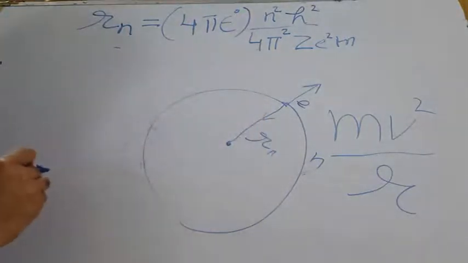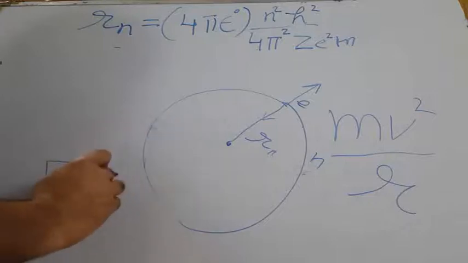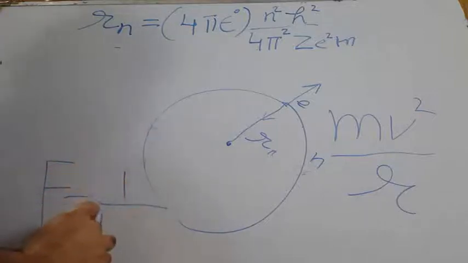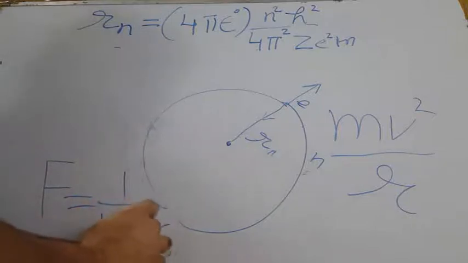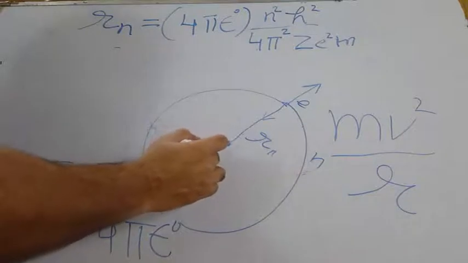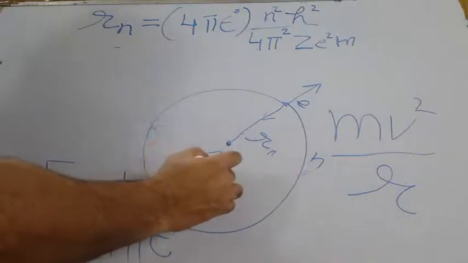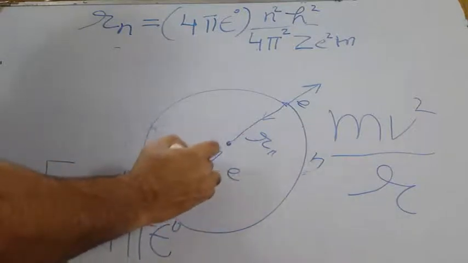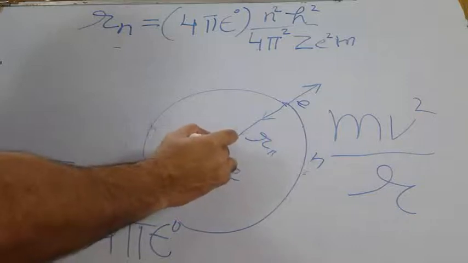Coulombic force, you know, is given by F is equal to K Q1 Q2 upon R square. Here K is 1 upon 4 pi epsilon 0, and Q1 is Z, Z is the number of protons present, e is the charge on one proton.